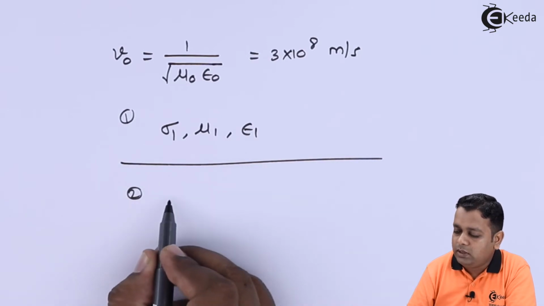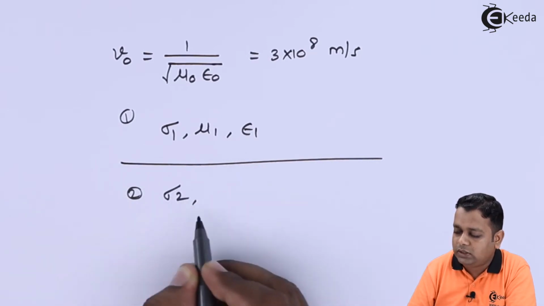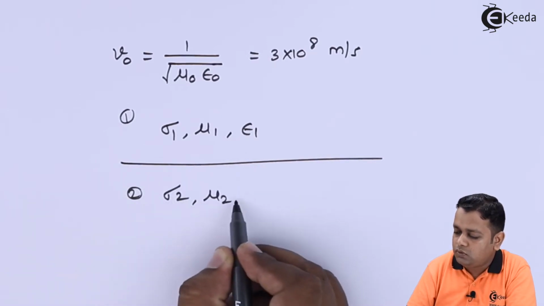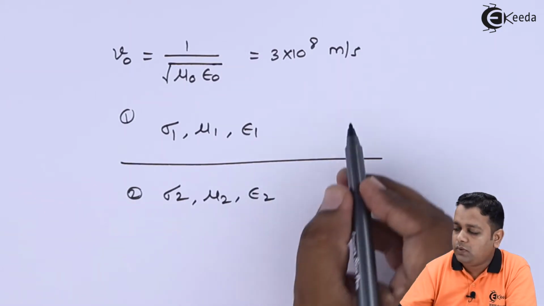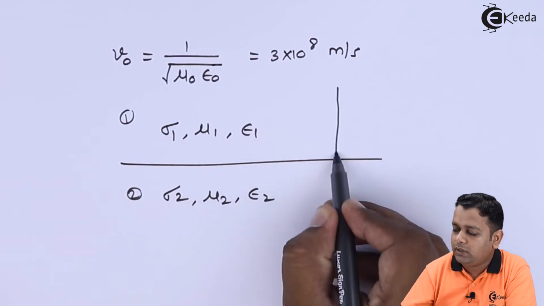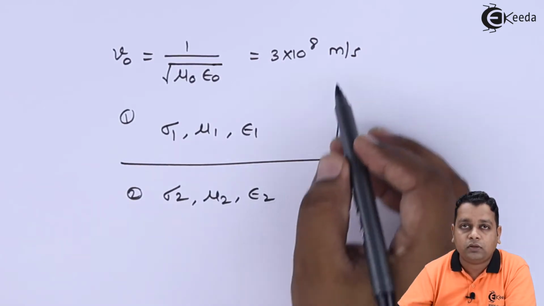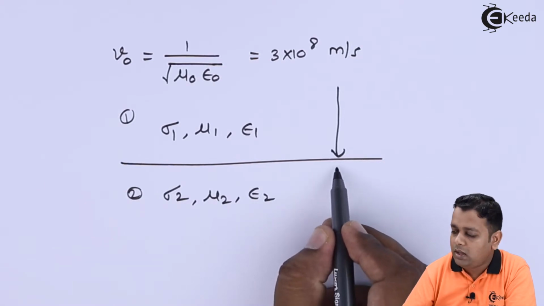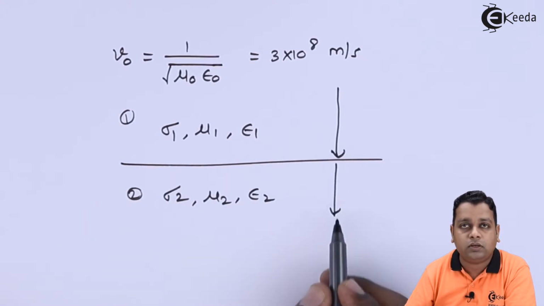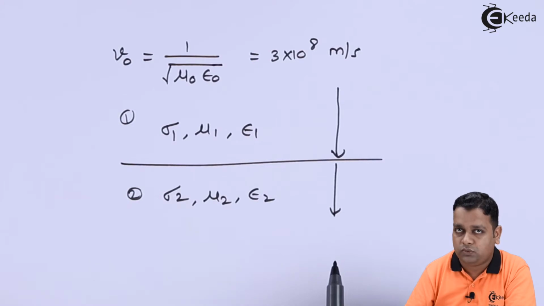Similarly for medium 2, we can write sigma 2, mu 2, epsilon 2. As we consider the microwave propagating through medium 1, it will be incident onto this particular boundary, and then it will carry its journey further into medium 2.